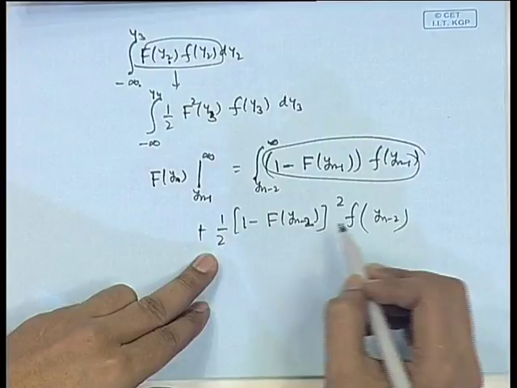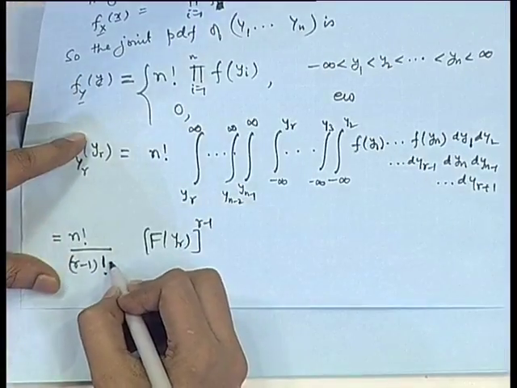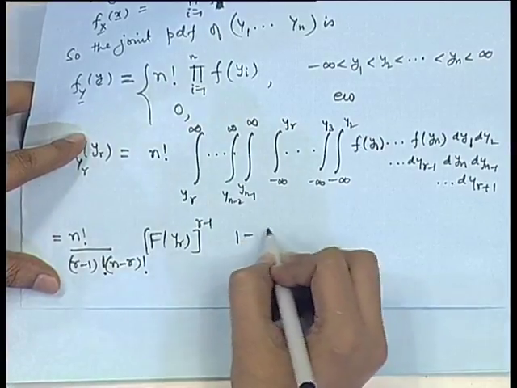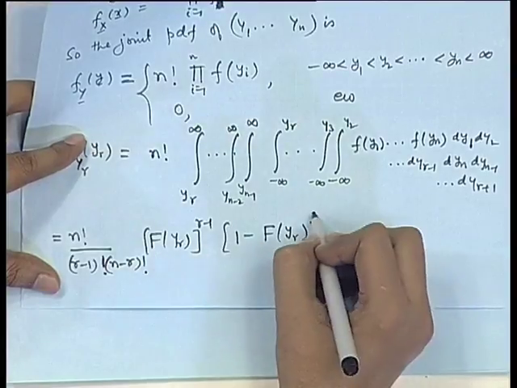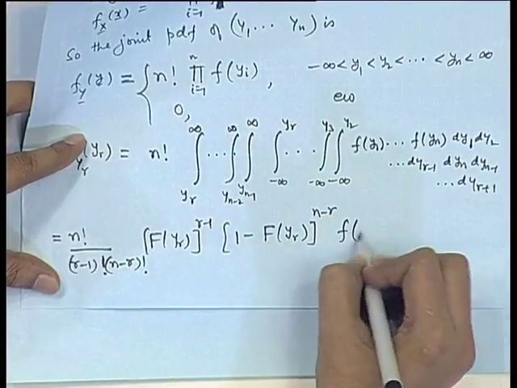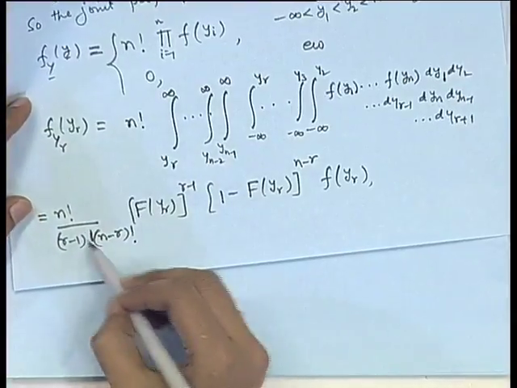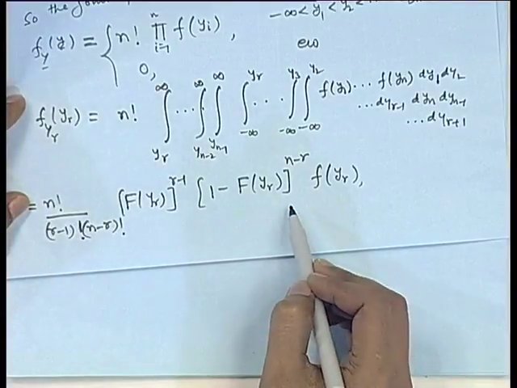Like that we have to continue up to d y r plus 1. So, this will give us 1 minus F of y r to the power n minus r divided by n minus r factorial, multiplied by f of y r. So, we are able to determine the distribution of the rth order statistic here.